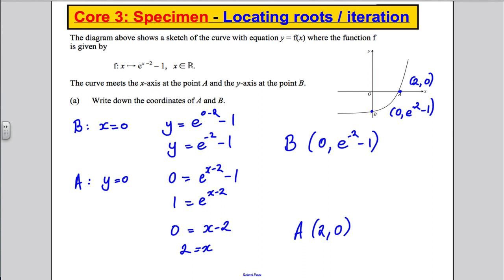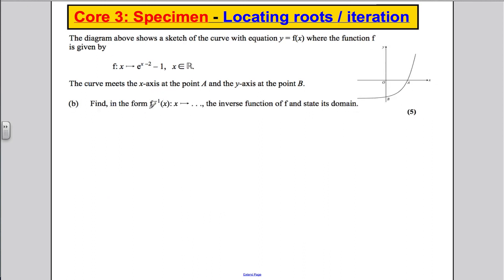And we've done. Part b, find in the form f to the minus 1 of x, the inverse function, and state its domain. So to start with, we're going to say that y is equal to e to the x subtract 2, subtract 1. We're going to rearrange this to make x the subject of the formula. Add 1 to both sides.